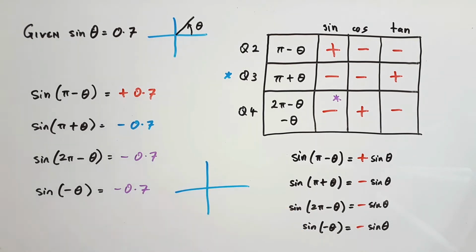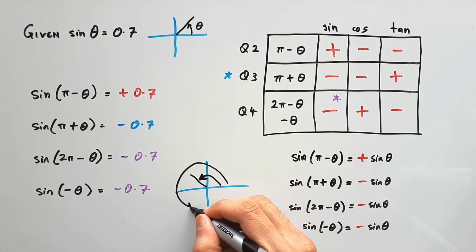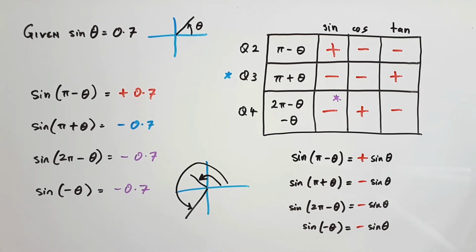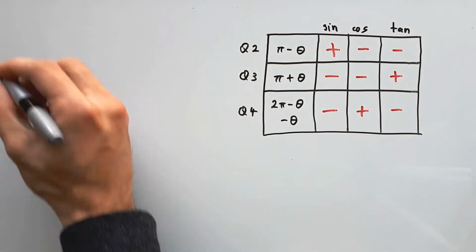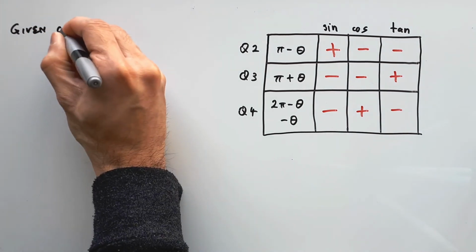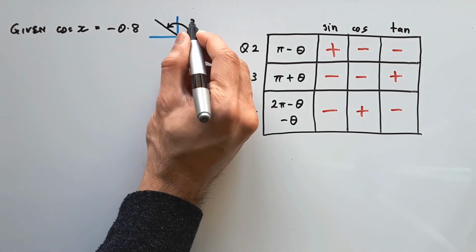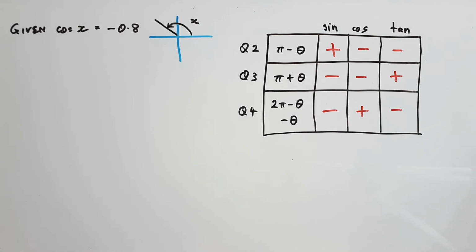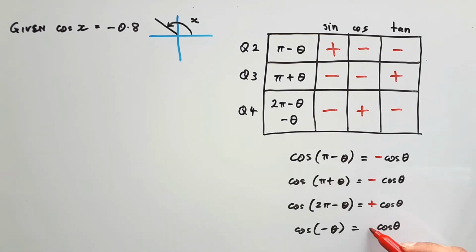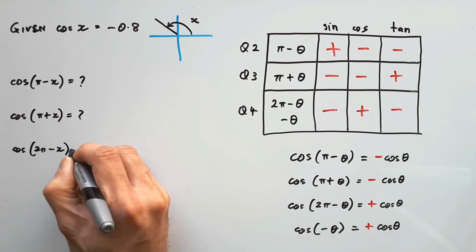But this gets confusing when you deal with obtuse or reflex angles, and the table will become a lot more useful here with a minor improvement. Allow me to explain. Let's say we are given cos of x as negative 0.8, and x is an obtuse angle. Surprisingly, our symmetry equations will still work, and you just need to use x instead of theta.